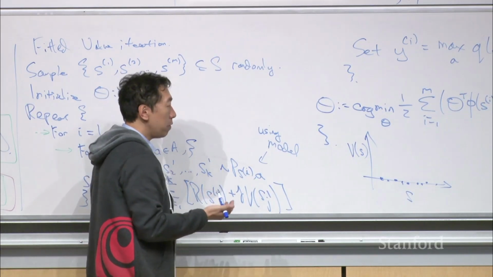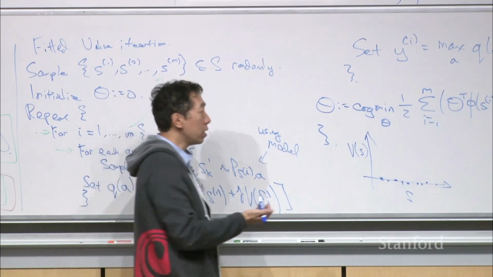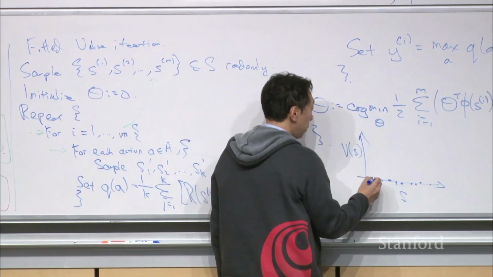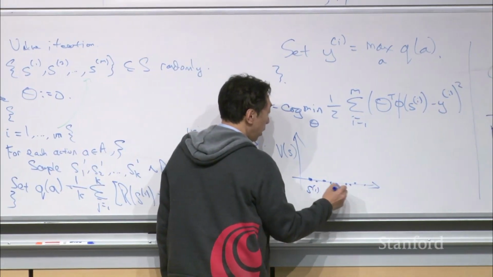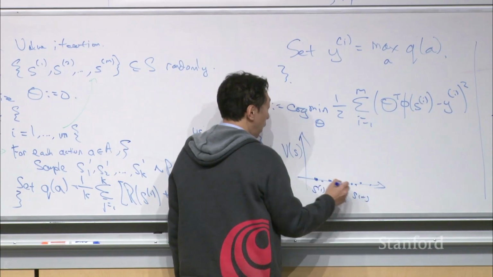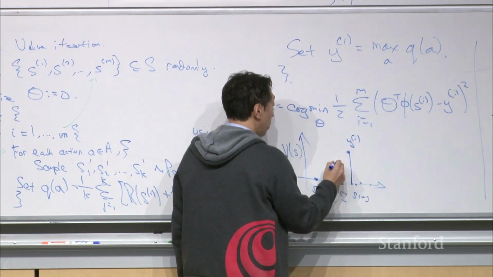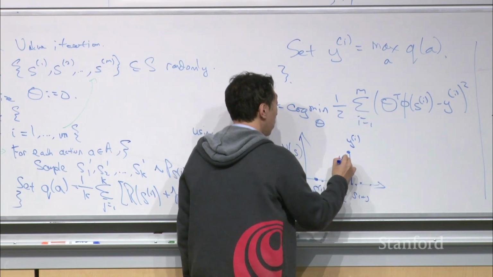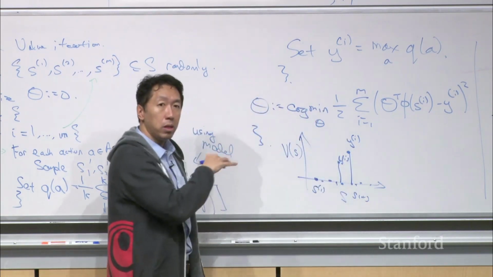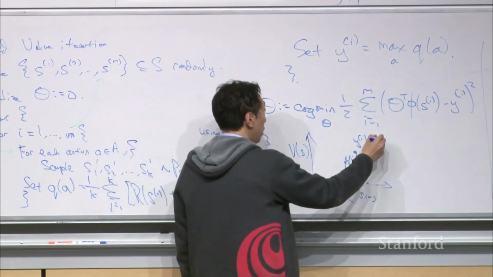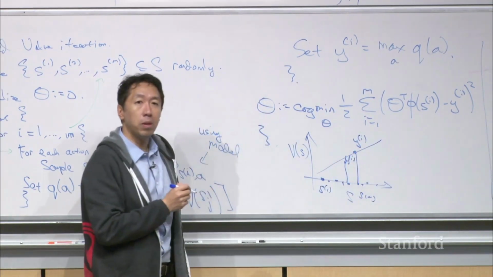Then in each iteration of value iteration, we go through this procedure. So you have S1 up to SM, and for each of these you compute some value yi using this procedure, and then you fit a straight line to this sample of yi's.